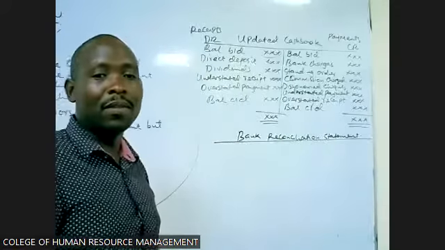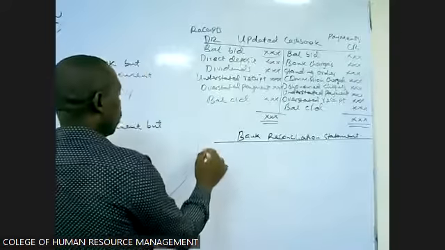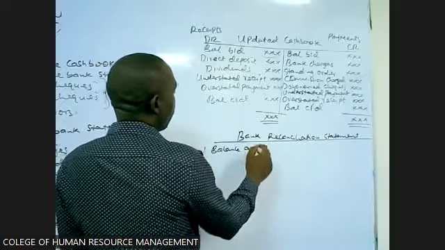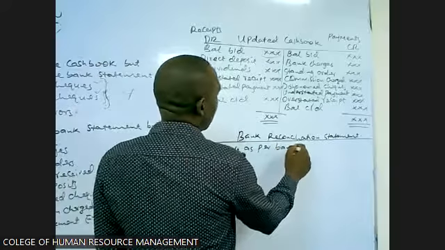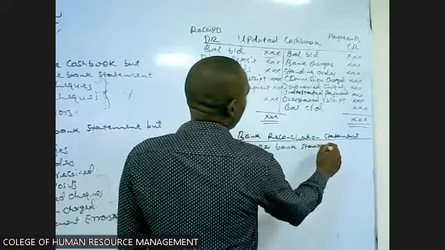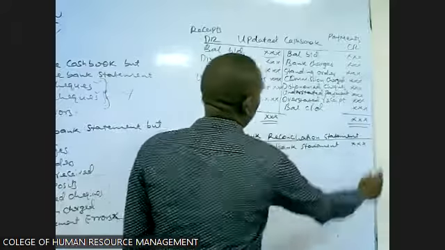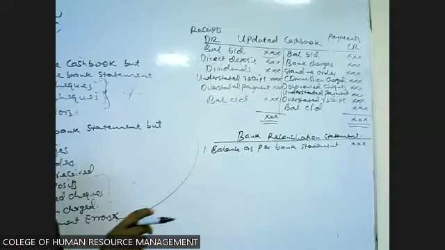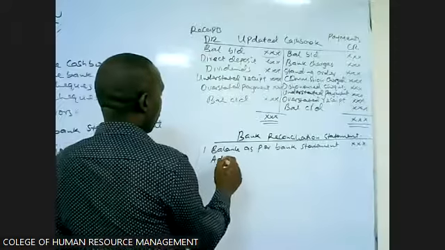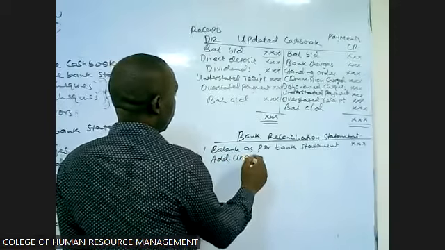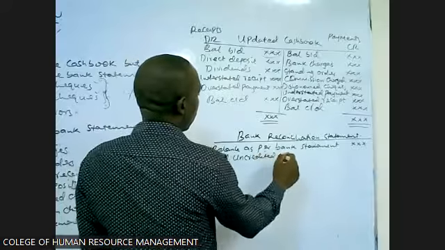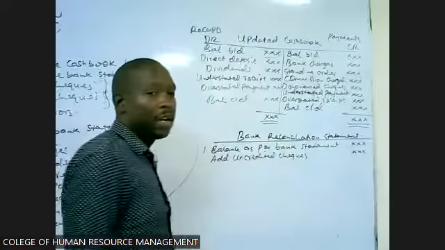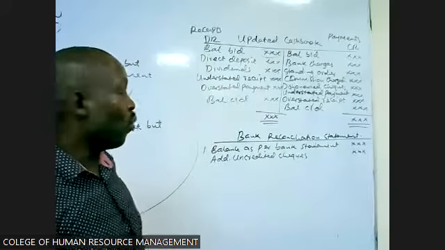We have got two formats. Format one, you can start with the balance as per bank statement. That figure will be provided in the question. If you start with that, then you add uncredited checks. That's why we say uncredited and unpresented checks will be used here.